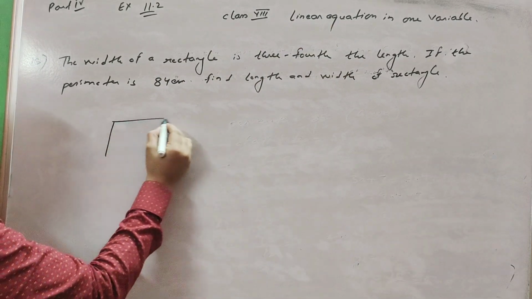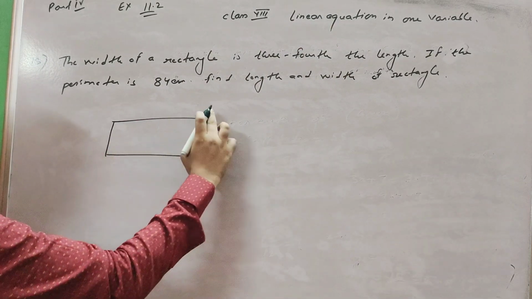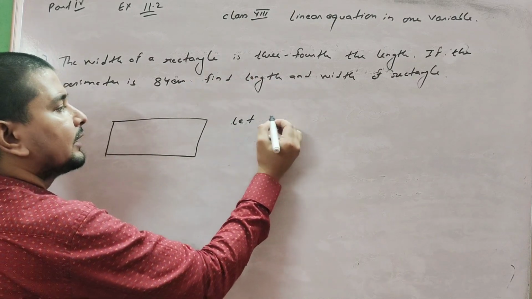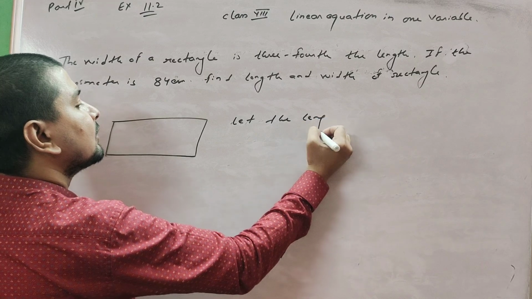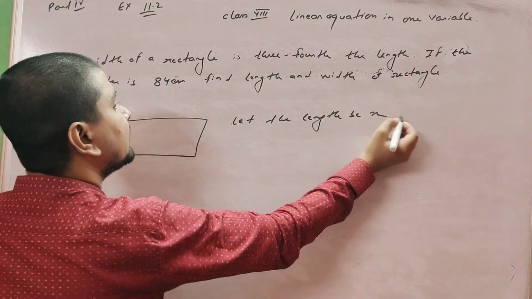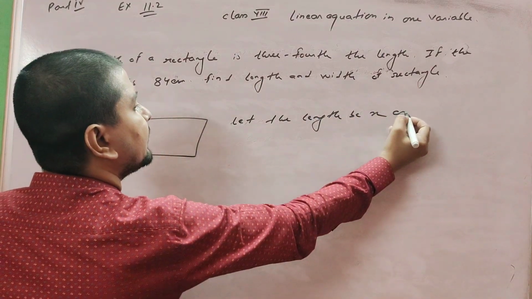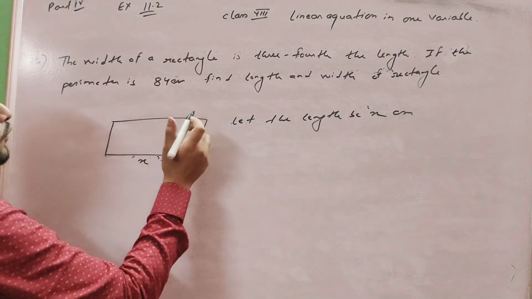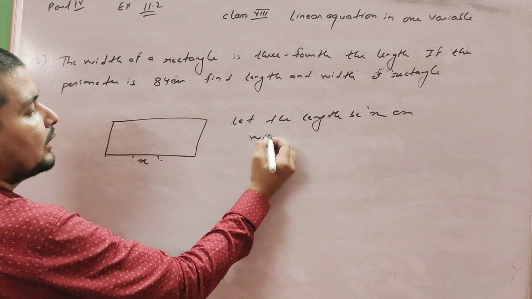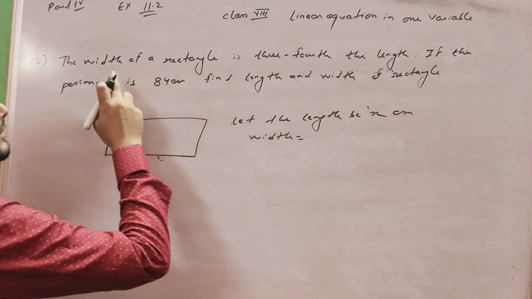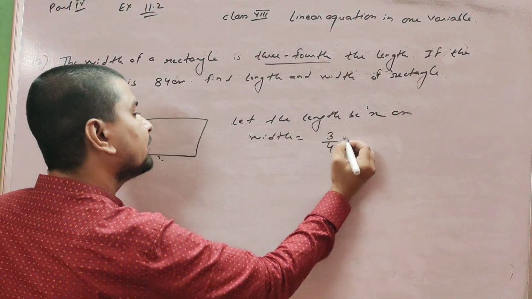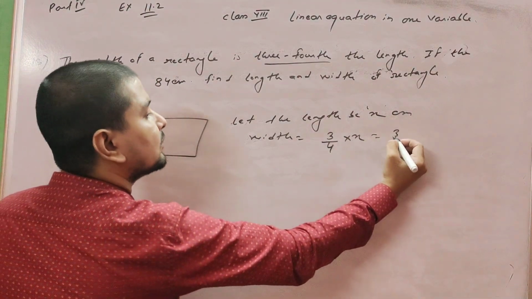So this is a rectangle, and the width is 3/4 of the length. Let the length be x centimeters. When the length is x, the width is 3/4 of the length, so 3 by 4 into x, that is 3x by 4.